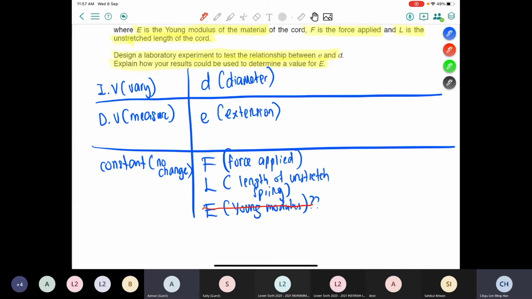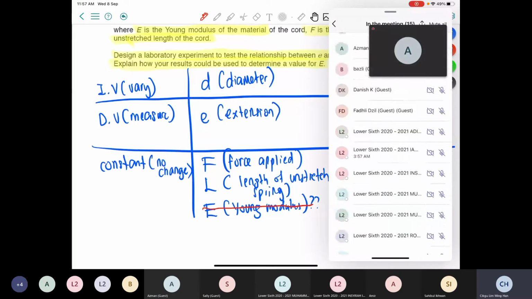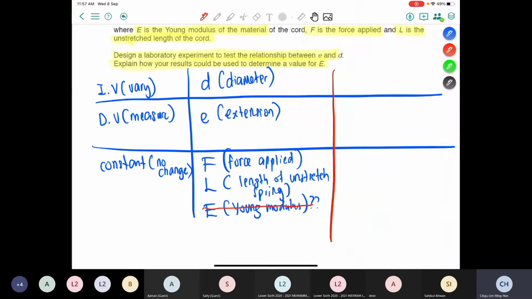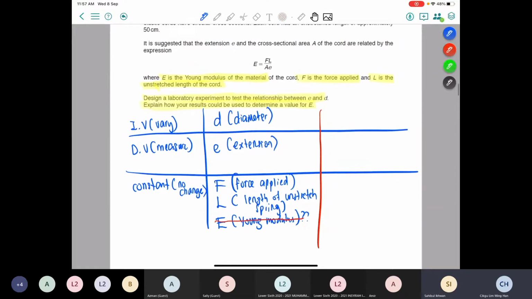All right. Can I have somebody come back to maybe Sahibul just now? Yeah, Sahibul. I hope you read already, Sahibul. Yes, sir. Yeah. Can you tell me the top two first? How do you find the diameter and also the extension? We start with diameter first. What do you use for diameter?